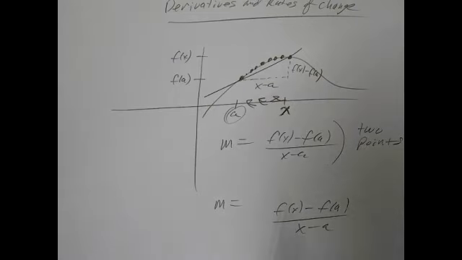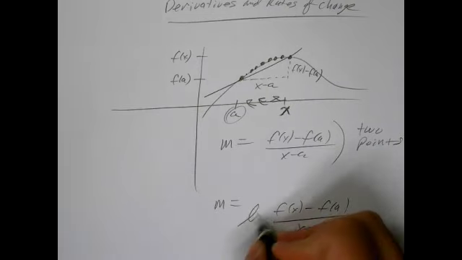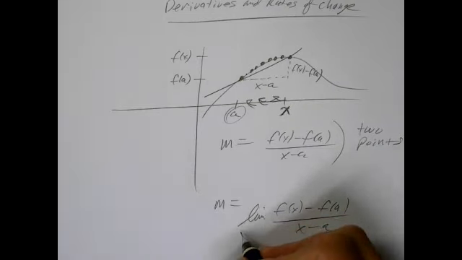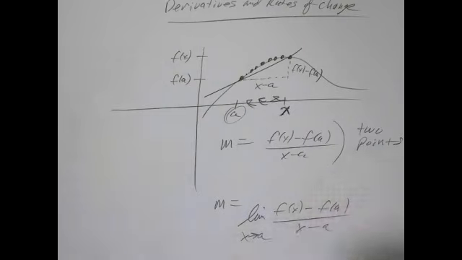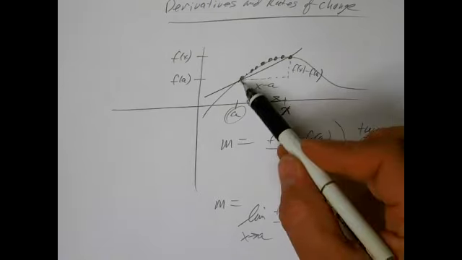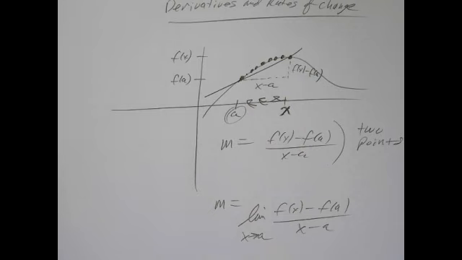And what you're seeing taking place here is a limiting process. In other words, the limit as x approaches a of this quotient is the slope of the tangent line, which is the slope of the curve at a single point.